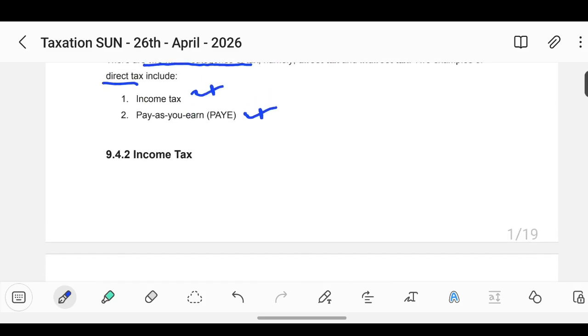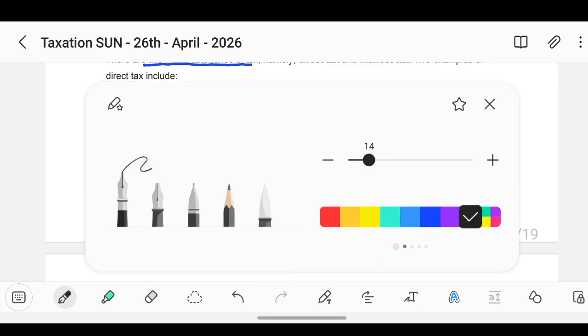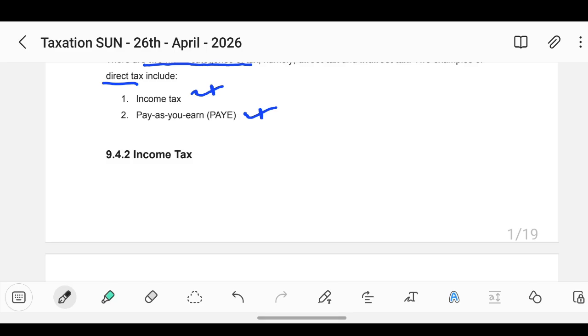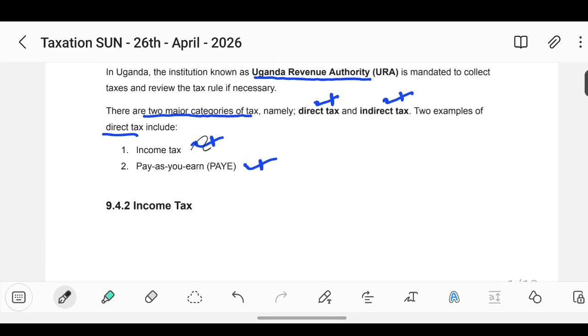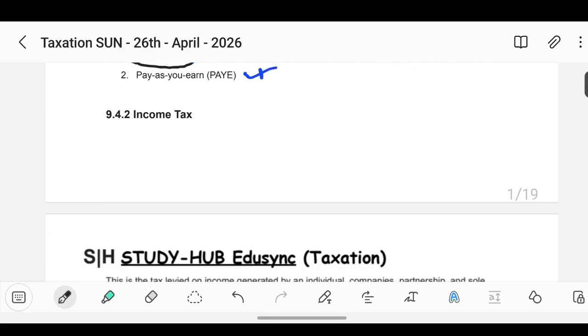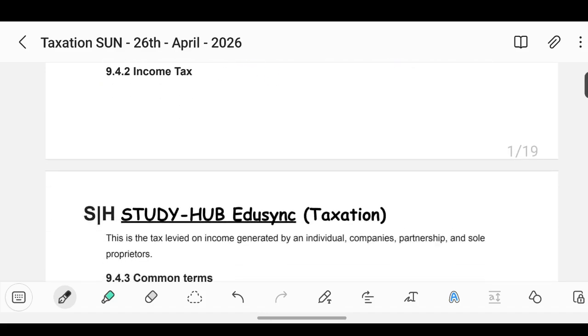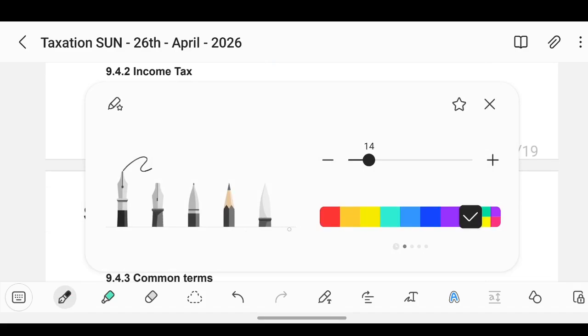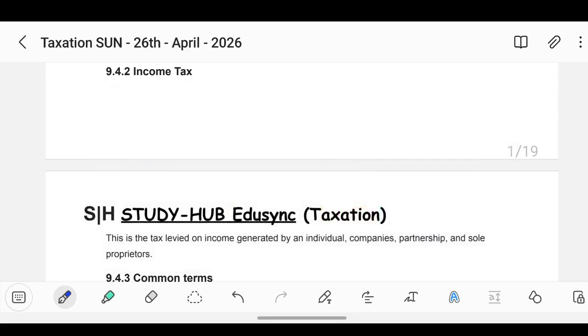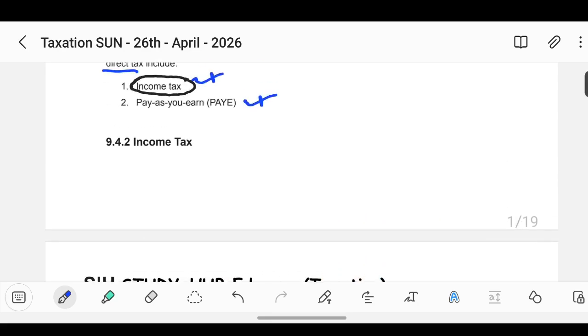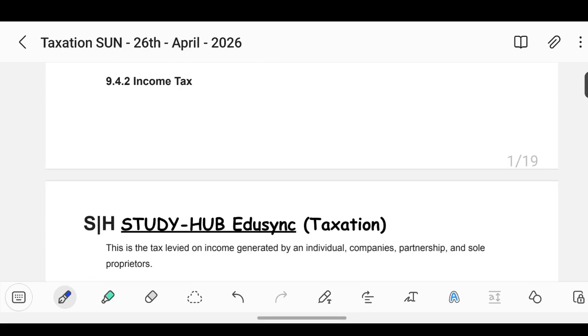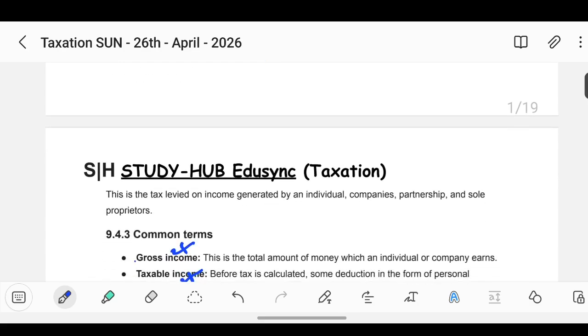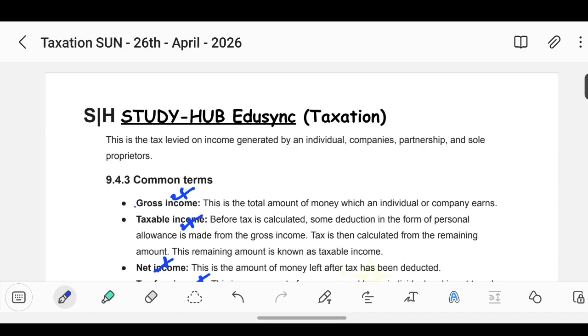But as far as our syllabus is concerned, income tax is going to be our major focus for today's discussion. I shall be dropping more content with time according to how things are going to be moving.